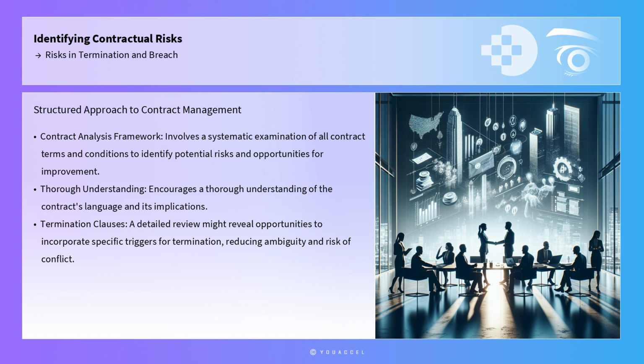This framework encourages a thorough understanding of the contract's language and its implications, enabling professionals to negotiate more favorable terms and minimize the likelihood of disputes. For example, a detailed review of termination clauses might reveal opportunities to incorporate specific triggers for termination, such as failure to meet key performance indicators, thereby reducing ambiguity and the risk of conflict.